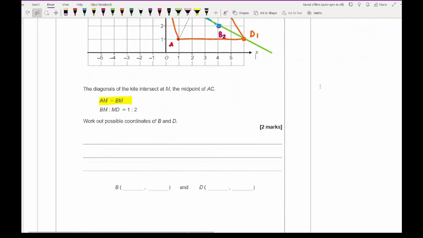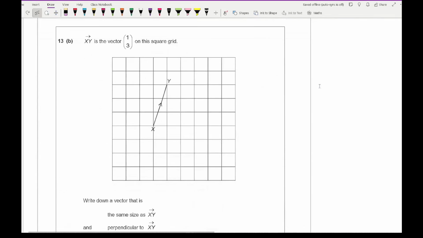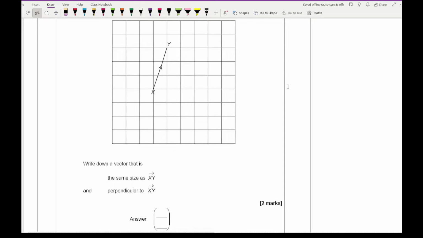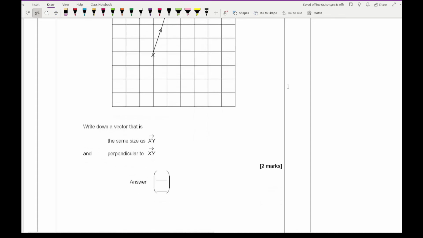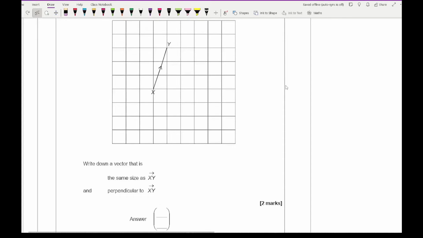Moving on to question 13b, it says that xy is the vector of 1, 3 on the square grid. Write down the vector that is the same size as xy but perpendicular to xy. So again, possible ones you could have. If we're having the same length, it's going to go diagonally through a 1/3 square.